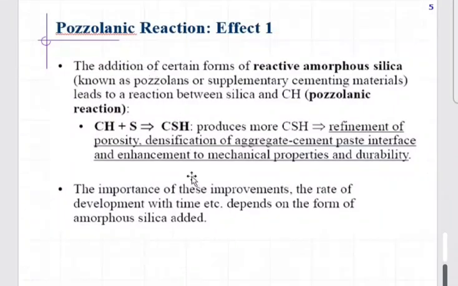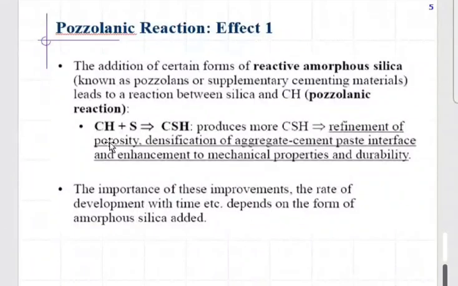So once we have these supplementary cementitious materials, they can fill the porosity, they can reduce the pores, and they can also react with the unstable CH, which is actually causing most of the durability related problems.